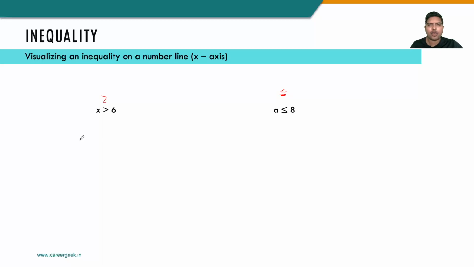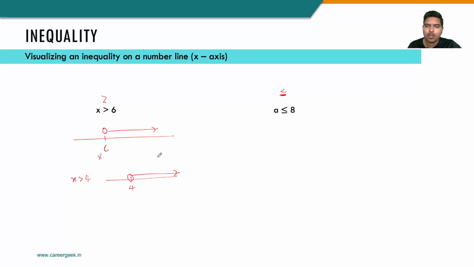When we are talking about x greater than 6 on a number line, we will be using an empty circle. Whenever we use an empty circle, that means that value is not included. When we said x greater than 4 in the previous slide, that means any value except for 4.